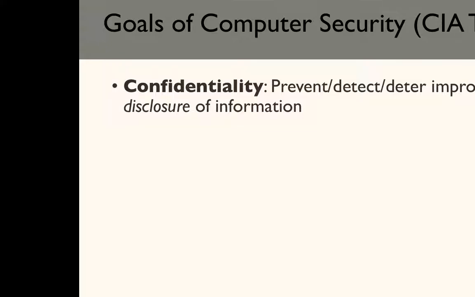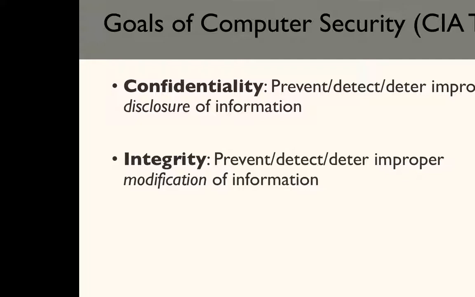The first one is called confidentiality. Basically, it's about preventing, detecting, or deterring improper disclosure of information. That's probably the first goal of computer security for defenders. Obviously, if you are an attacker, you are trying to breach vulnerabilities, to break confidentiality.